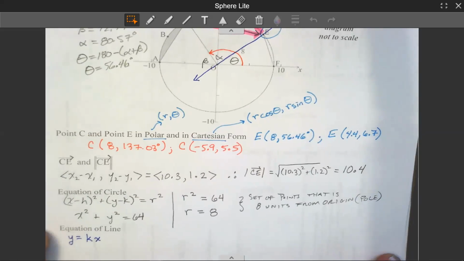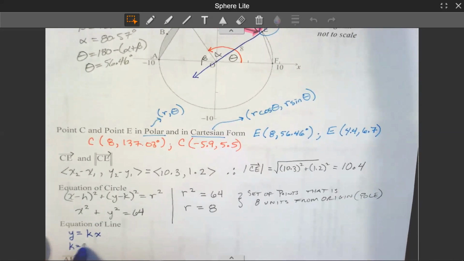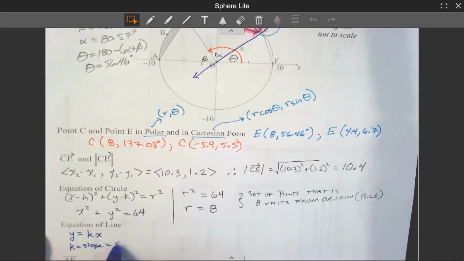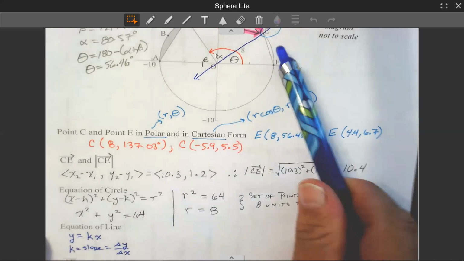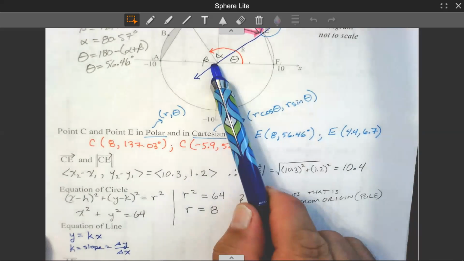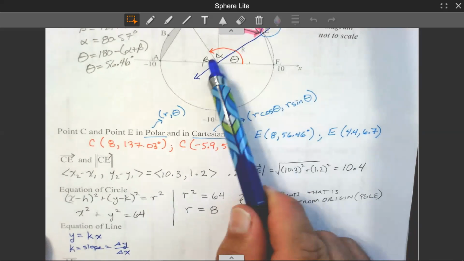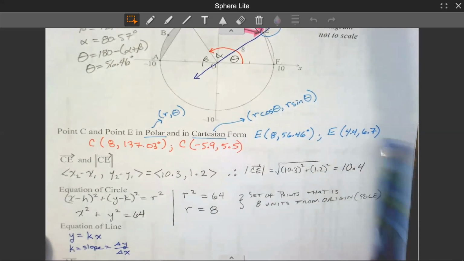Okay, well, what do we know? We know that k is our slope, and the slope is the change in y over the change in x. For this point E, what is the change in y to go from the origin out to that point? What is the change in x? Well, that's simply the coordinates of the x and the y in this case.